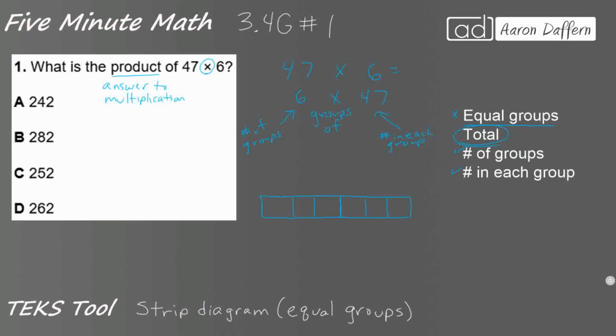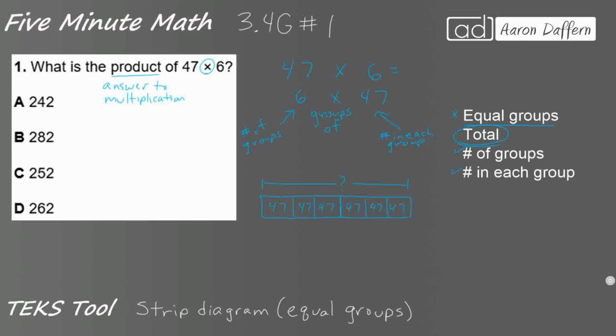And then what I have is I've got 6 groups of 47. So 47 all the way across. All right, so there's my strip diagram. I'm looking for my product. Now, that just represents the relationship, and that tells me what operation I need to do, multiplication. I already knew that. So let's use an area model and connect that with partial products to solve.